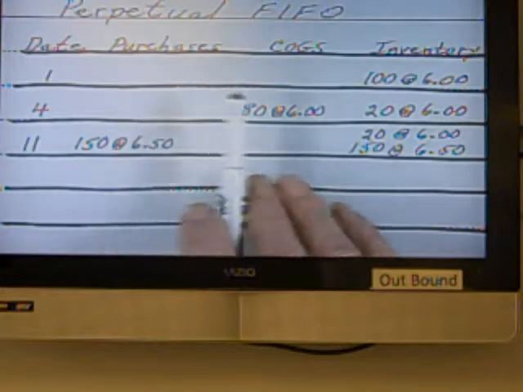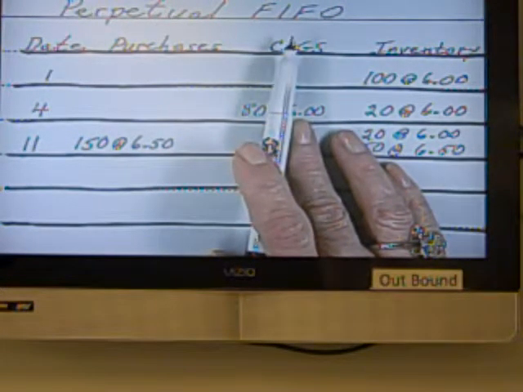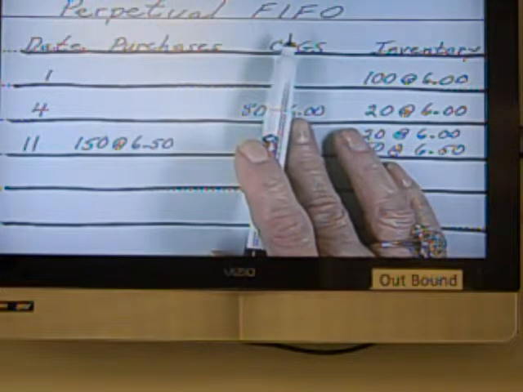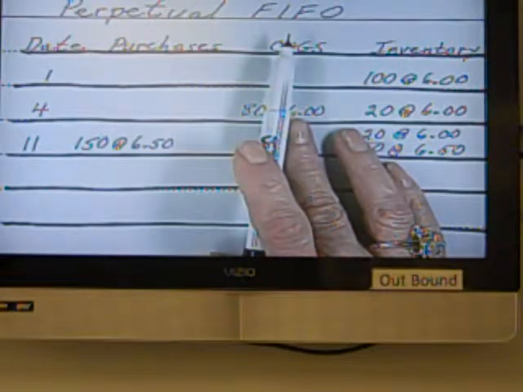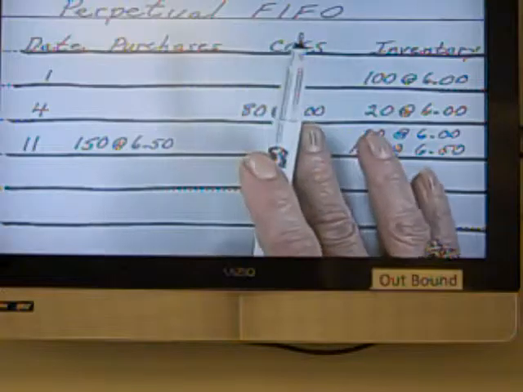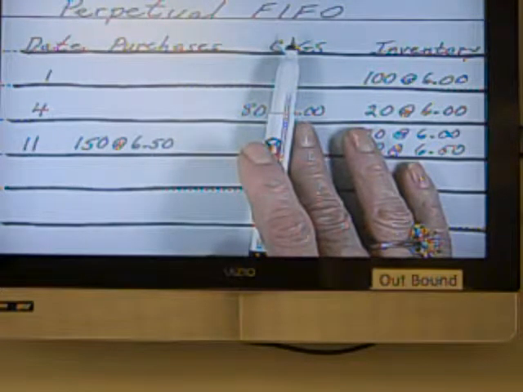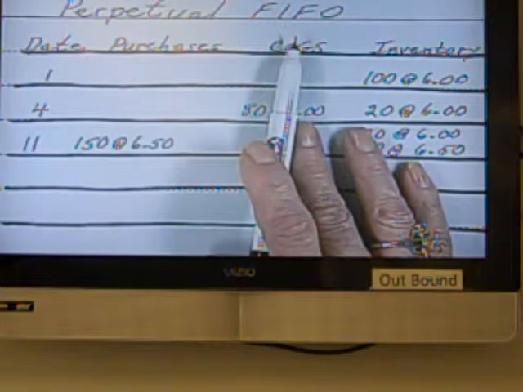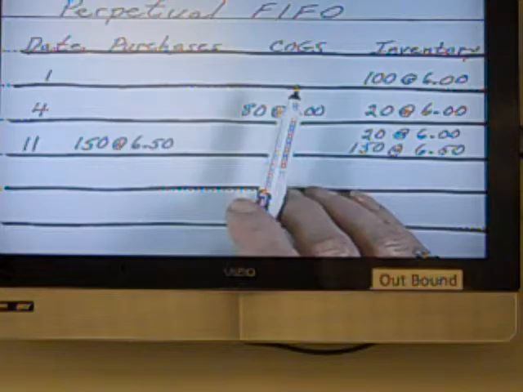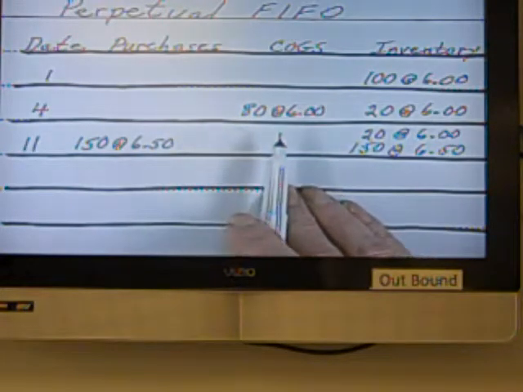And when we make a sale, we have to sell off the top layer because remember, FIFO means first in, first out. So the first unit cost that came in is the first unit cost that goes out. So that leaves our inventory to be valued at the last unit cost.